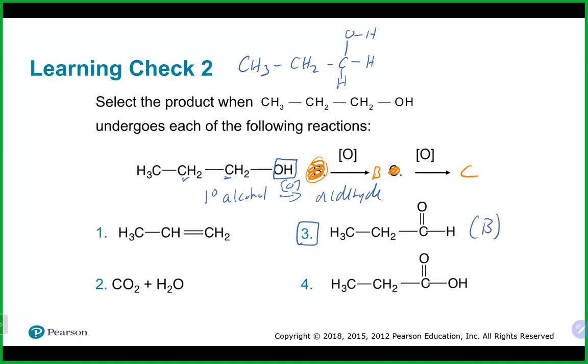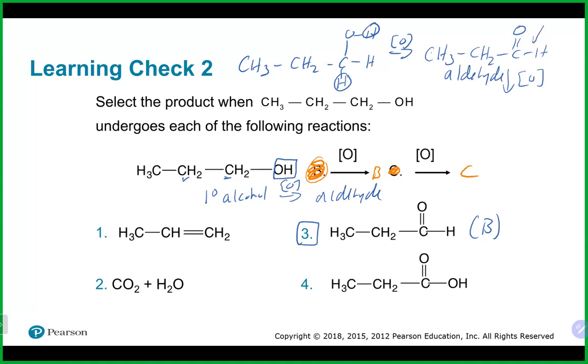And that is because we're going to oxidize this, take away that hydrogen, and make a double bond where we did that, and we end up with that. Now, if I take this and oxidize it again, I go from an aldehyde to a carboxylic acid.